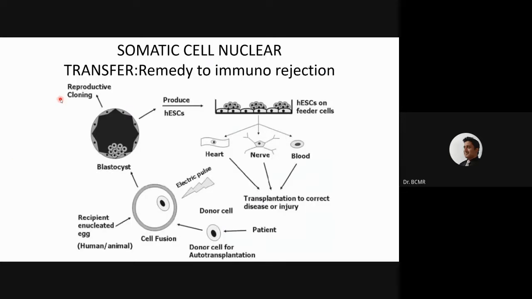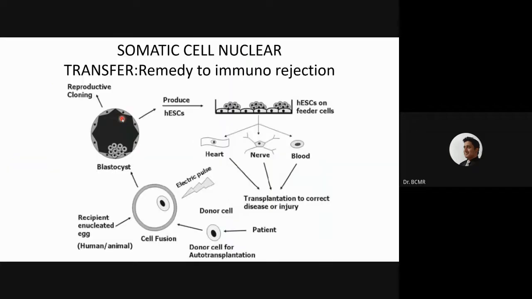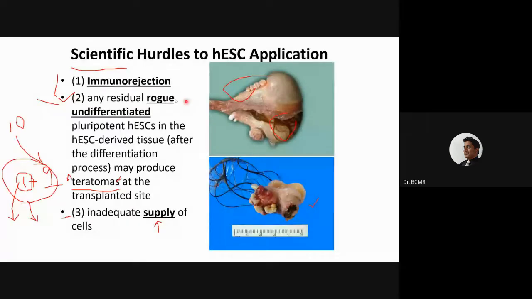So we will try to look at what are the remedies for immunorejection and what are the remedies for how to get rid of rogue undifferentiated pluripotent cells. The first one is for immunorejection. Why are we talking about immunorejection?